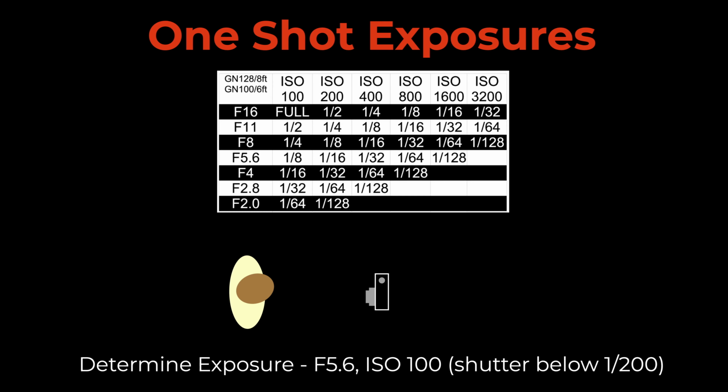So just to be safe, stay at 1/160th of a second or lower. We are shooting at f5.6 at ISO 100, and we're keeping our shutter below 1/200th of a second. Well, let's just say 100th of a second.